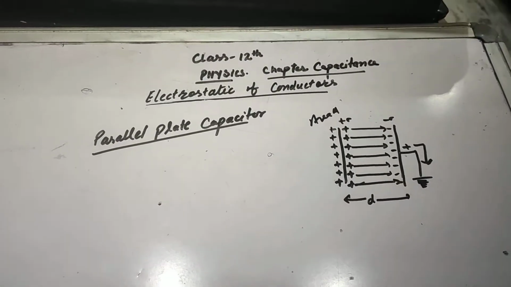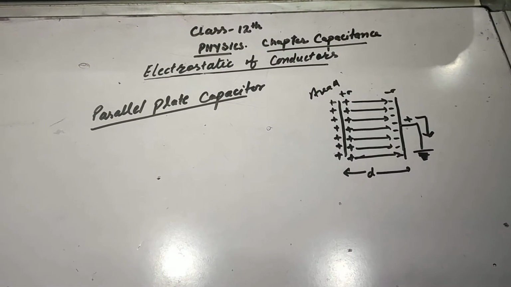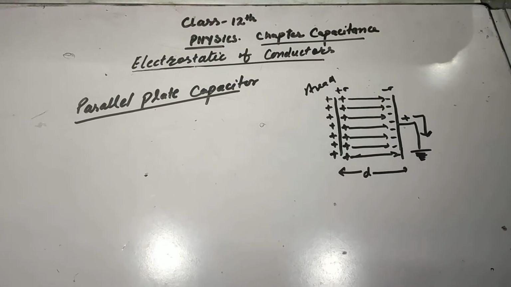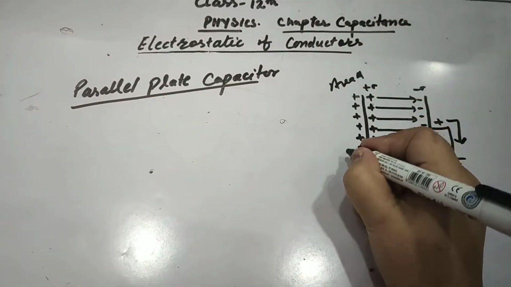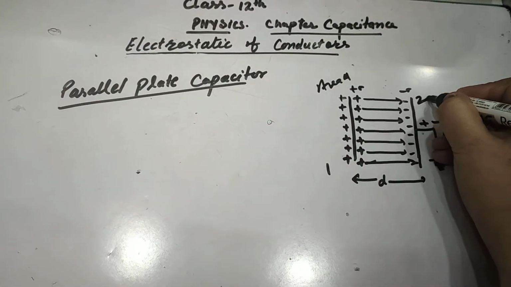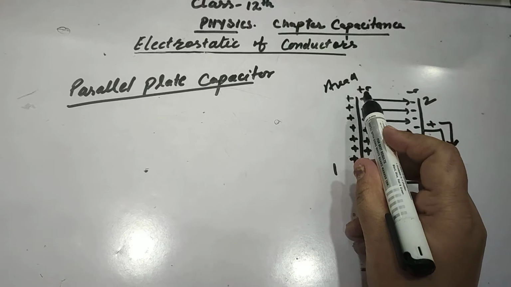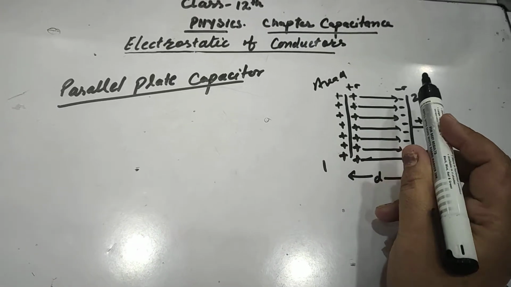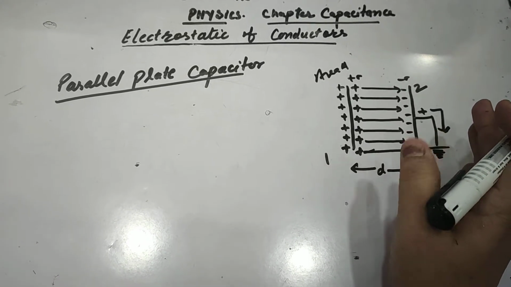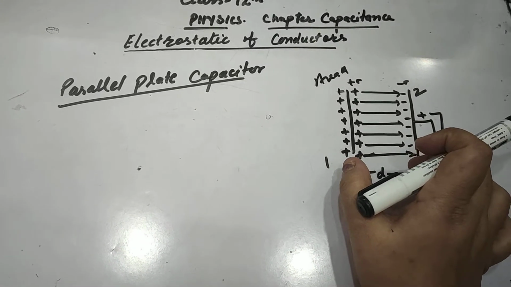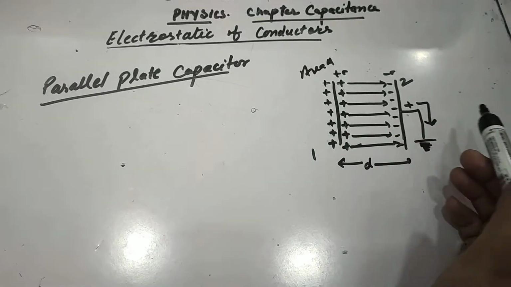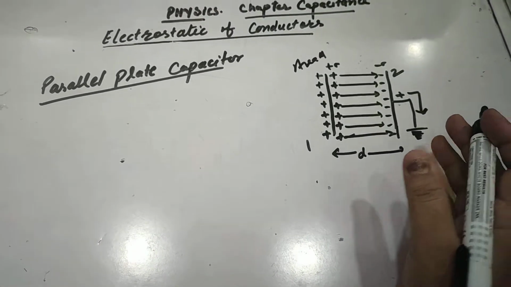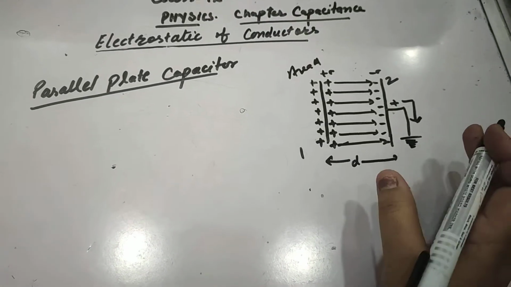Here you can see that what I have made is a parallel plate arrangement of the capacitor, in which there are two plates, plate 1 and plate 2. Plate 1 has positive charge density and plate 2 has negative charge density. By viewing this arrangement, you must recall the topic in which we found the electric field due to two thin parallel plates.